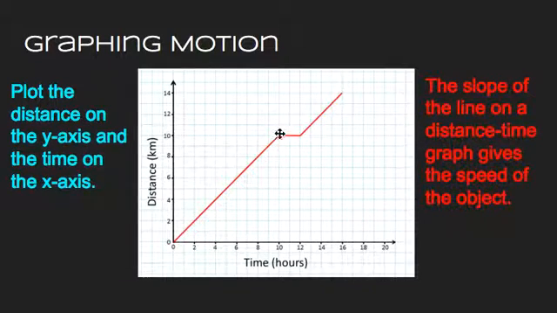Now, what about this spot right here? What would the rise be? Well, the rise would be 0, because this is staying at the same height. And the run is actually 2, because this is 10 hours and it goes to 12 hours. So that's a change in time of 2 hours. 0 divided by 2, or 0 divided by anything, is going to be 0.